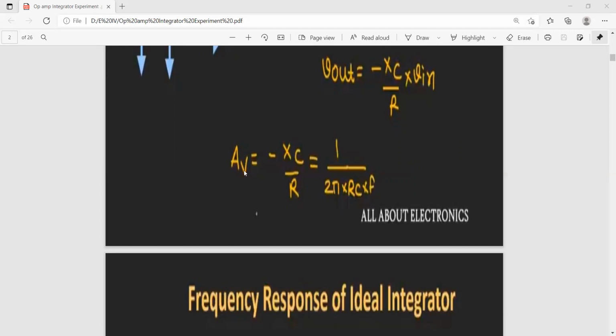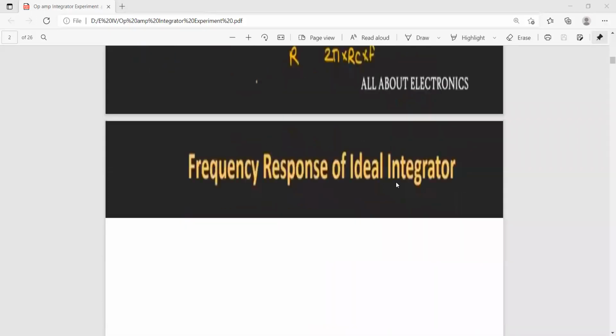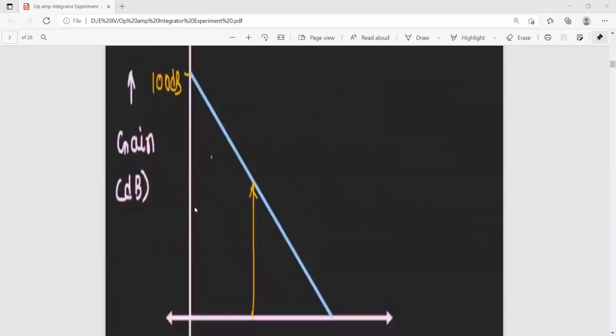So this gain is inversely proportional to the frequency. When the frequency is very low, it has maximum gain. If you increase the frequency, slowly the gain will be reduced. So the general shape appears like this, frequency versus gain.